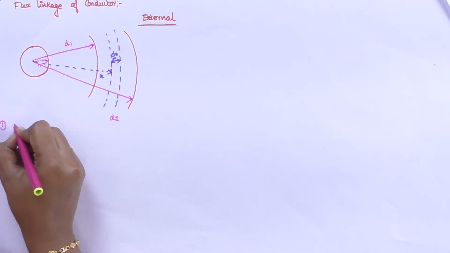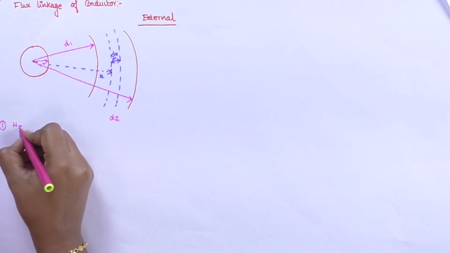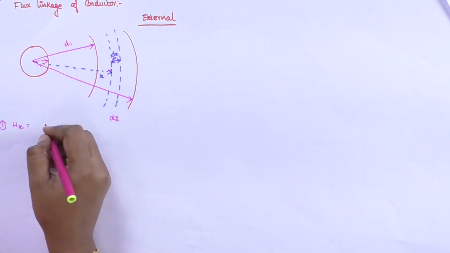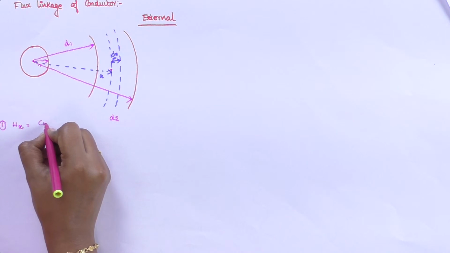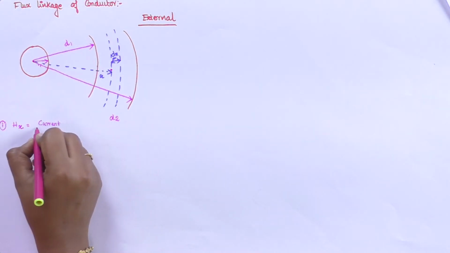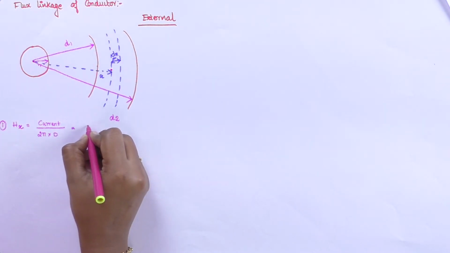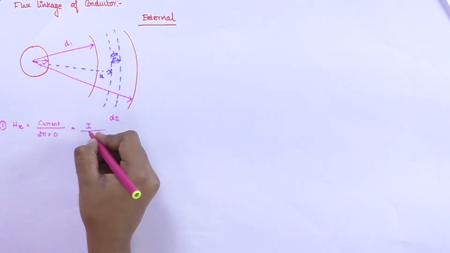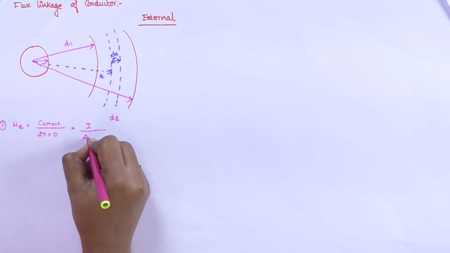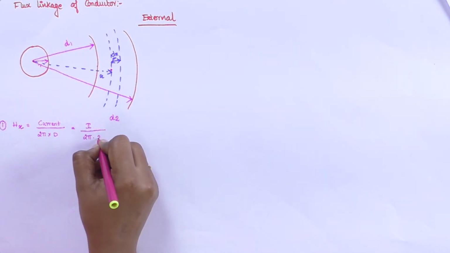So here the first step is to find the field strength Hx. So Hx is equal to, what is the formula? Current divided by 2 pi into distance. Here what is the current? Current is I, simply I, not Ix, and the distance is 2 pi into x.